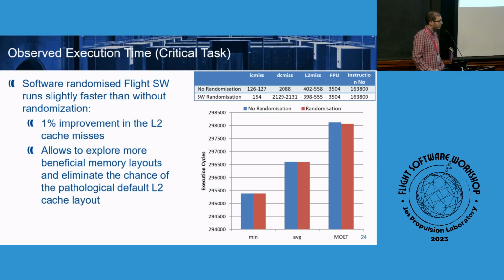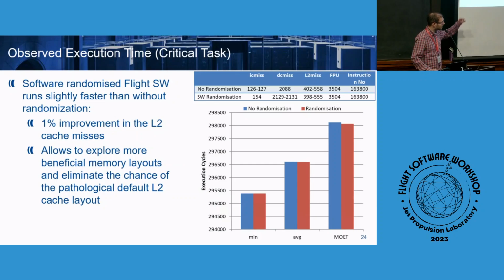So here you can see some results about the observed execution time of the control task. Something that is very interesting is that the software randomized version of the software was faster than the deterministic one. Here you can see the minimum, the average, and the maximum observed time.